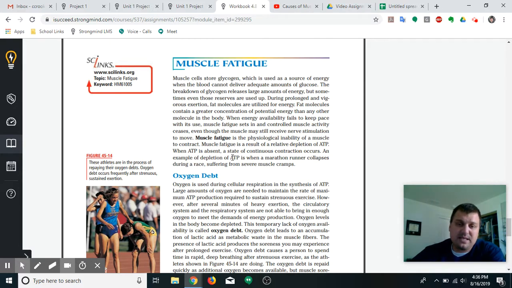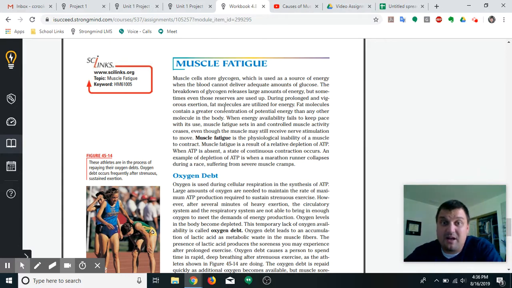It talks about how our muscles get energy. If you've taken biology, which you should have, you're going to know that our body needs ATP, our body's cellular energy that it needs to do pretty much anything, and it gets it through a process called cellular respiration, which happens in the mitochondria in our cells.